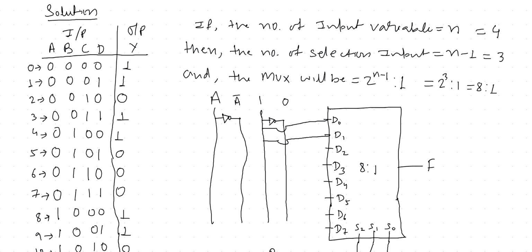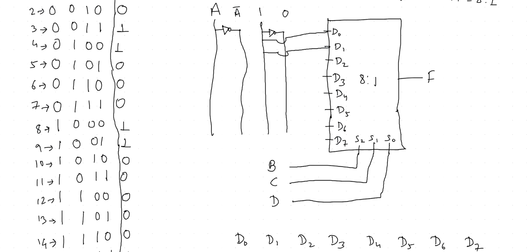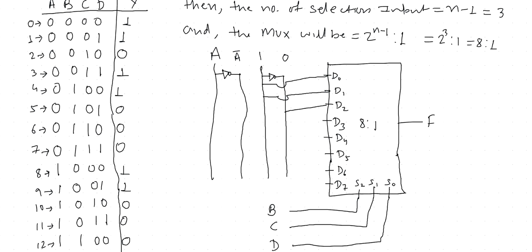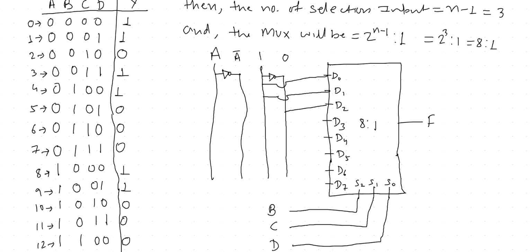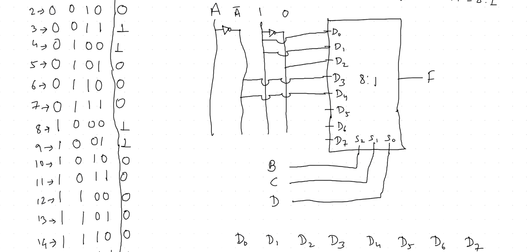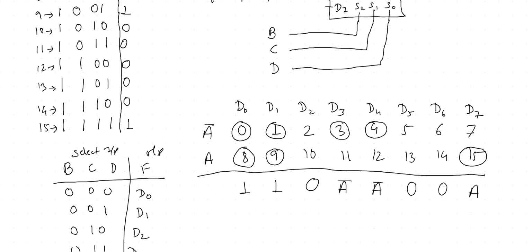Next is D2 is 0. Your D2 is connected with the 0 line. Okay. Next D3 is A bar and D4 is also A bar. So here this is the A bar line. Your D3 will be connected with A bar and D4 is also connected with A bar. D5 is 0 and D6 is also 0.